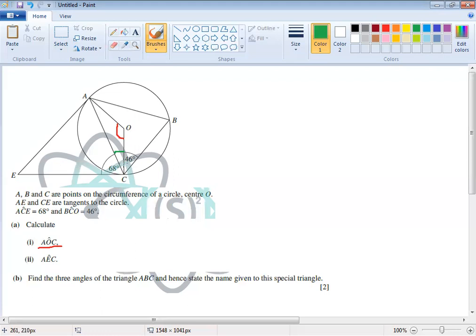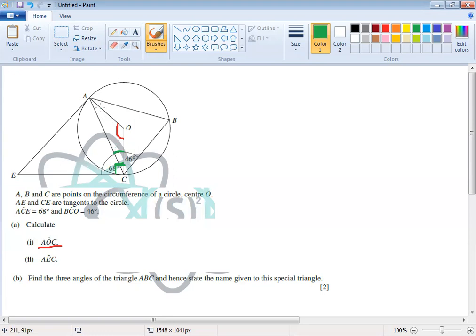Tangent at 90. So this complete angle must have been 90. If I subtract 68 from it, can you tell me this angle? How much is it? This complete angle is 90 because the radius meets the tangent. I'm not assuming it to be a tangent. The question tells me it's a tangent. So what is this angle?